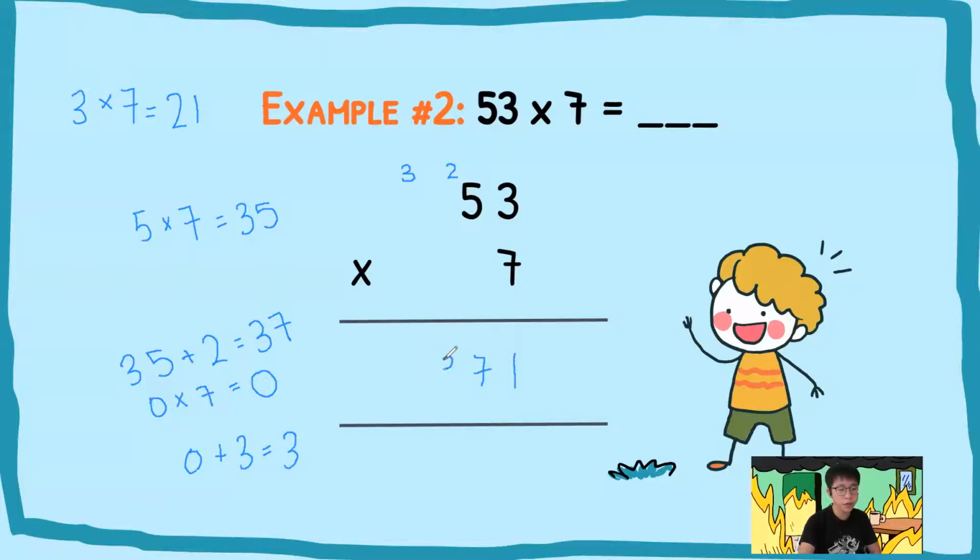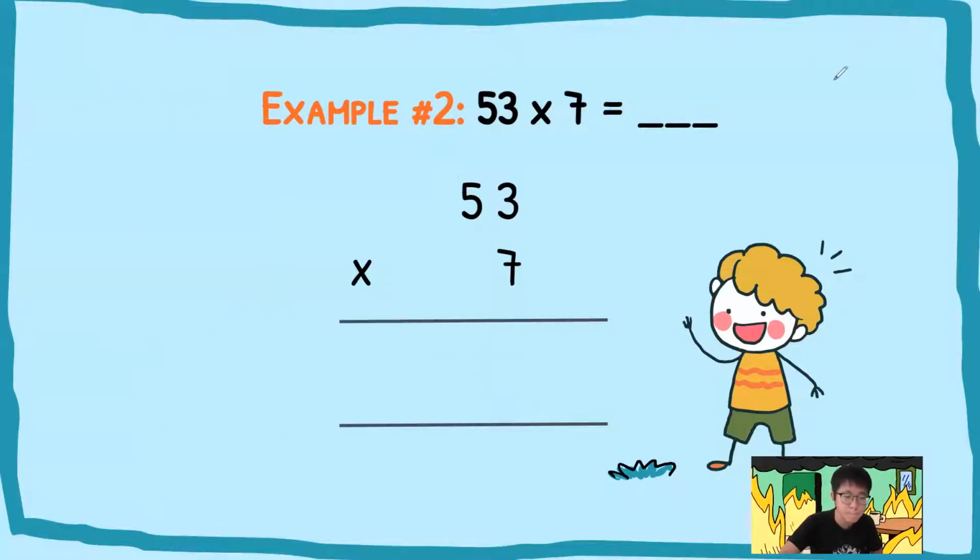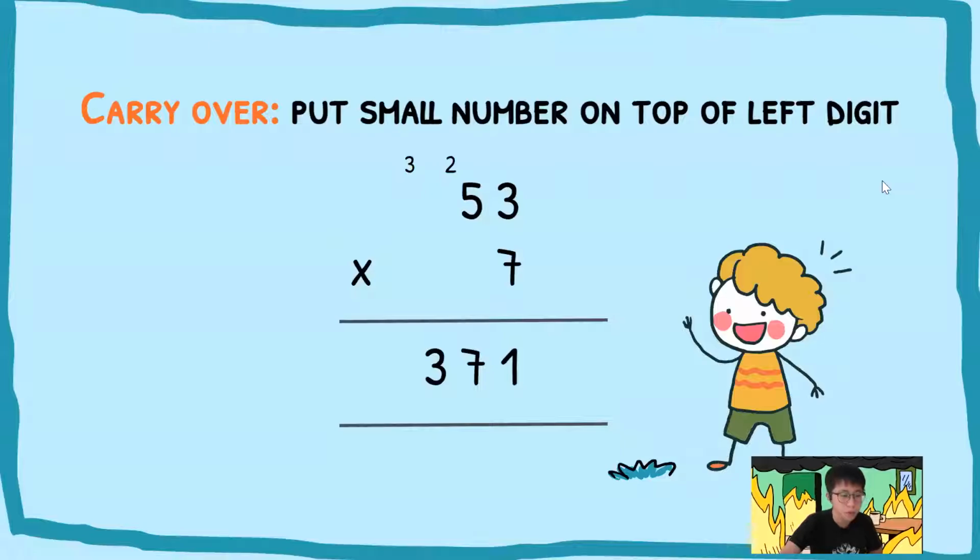So your answer is 371. All right, everyone following until now? Okay, so the carryover is the small number on the top left of the left digit. Okay, we will calculate from right to left.